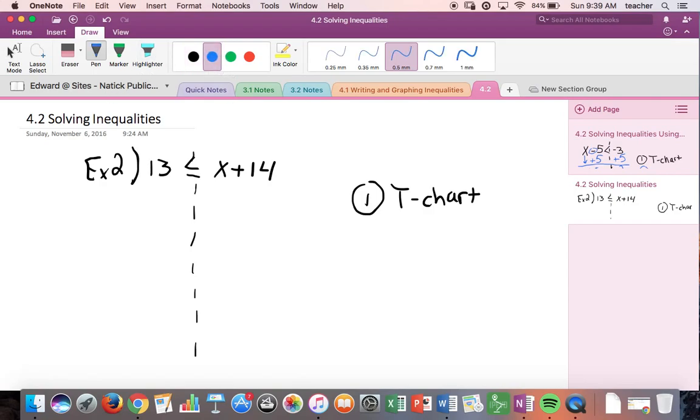Then we move to our second step. Remember, order of operations: we start with parentheses, which we have none of, and exponents, which we have none of. So I'm going to break it down a little more in this one. Parentheses slash exponents.